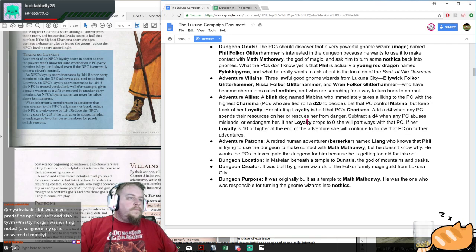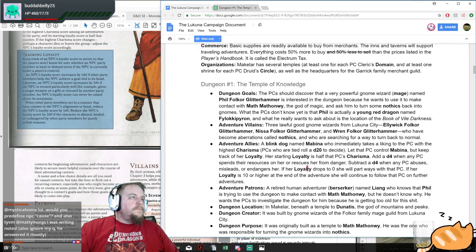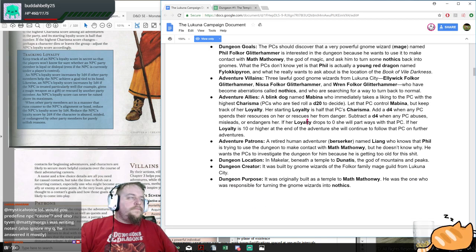So if she finds a party that treats her right and they all survive this adventure together and bond, then she will go with you. If you don't treat her particularly well and you don't treat her particularly bad, then she's not going to leave the party. She's also not going to bond with you in any way, and she'll probably return to Lane afterwards. So you get to use her for the dungeon, but then that's it. Yeah. Okay.